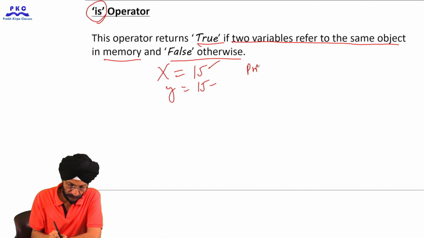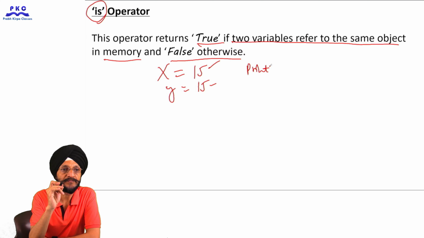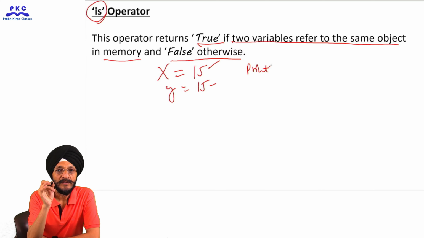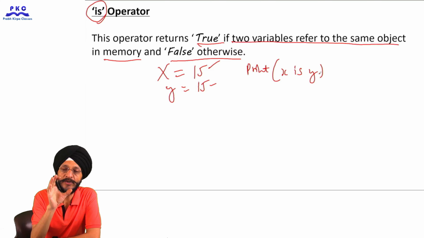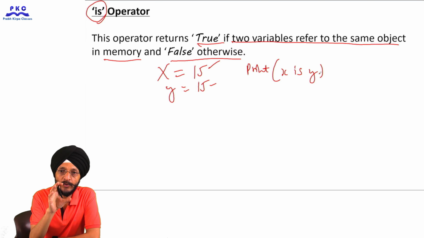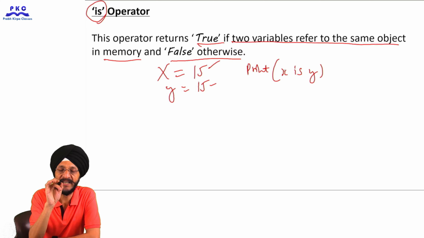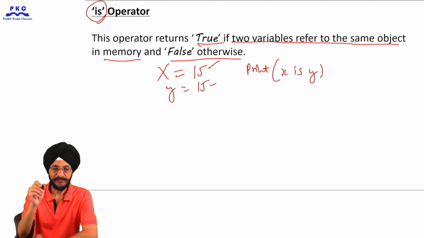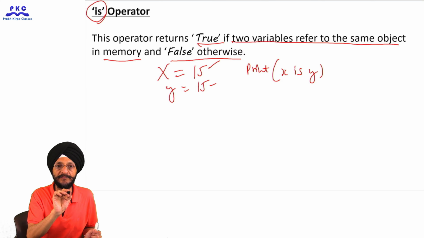Now we use the print function and the is operator to find out whether x is y, whether the memory location of both the objects is same, or whether both the variables x and y refer to the same object in memory.